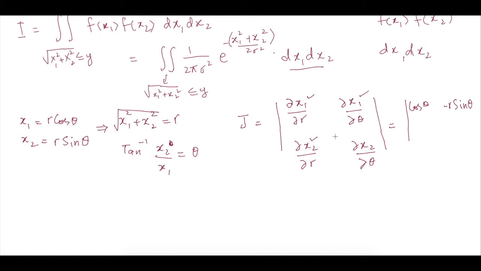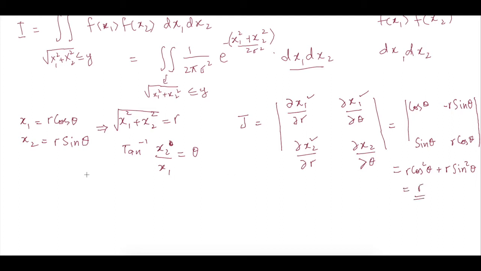This is sine theta, and this is r cosine theta, and this is equal to r cos squared theta plus r sine squared theta, which is equal to r.